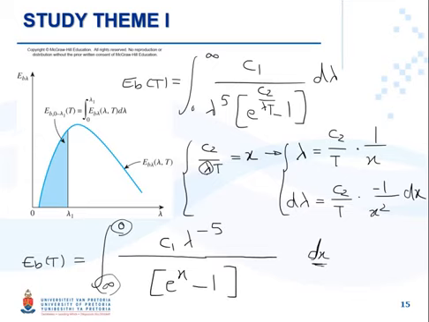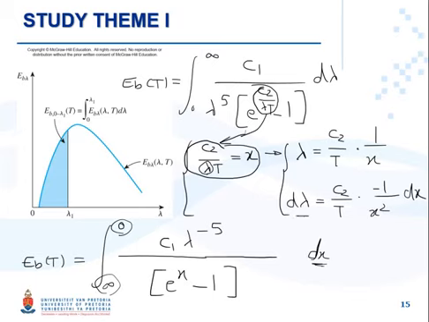Okay, we didn't do anything extraordinary, we just substituted this with x. So instead of using this long expression of C2 divided by lambda T, we just use x. So e to the power of x minus 1, and d lambda we just replaced with dx here.